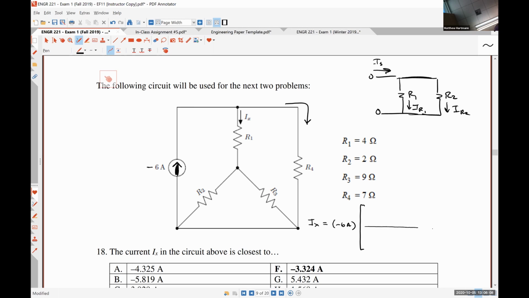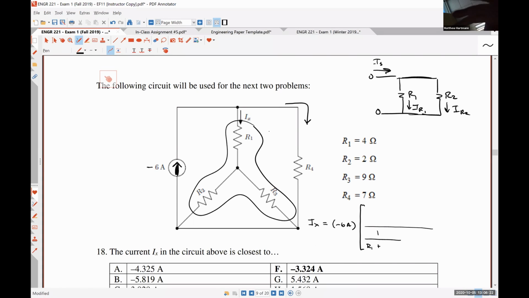And in the denominator, I'm going to have 1 divided by R1. So it's the reciprocal of the total resistance of this branch right here, because that current IX is going to split up and flow through R2 and R3, and then it's going to recombine. So I need to make sure that I account for all of the resistance that the current IX sees.